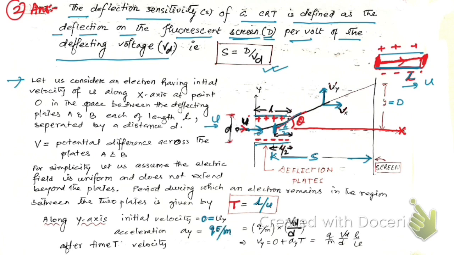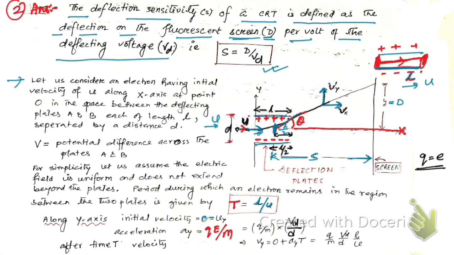So it is going to be qE by m, where E is the electric field and m is the mass of the electron. Here q is the charge of the electron. You can replace the q by e as well, if you want.